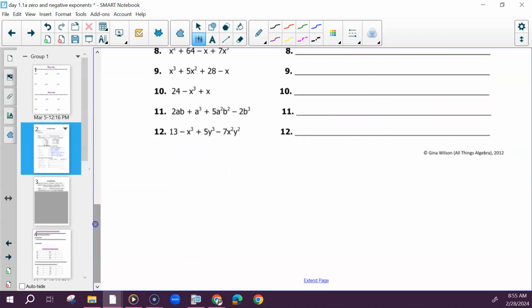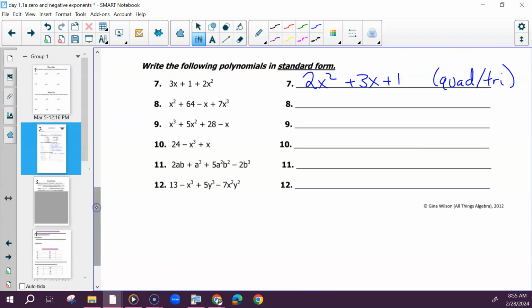Number 8, how would we rewrite that? Or what would go first? Right there. It is going to be cubic, and the cubic term, the 7x to the 3rd, will go first.